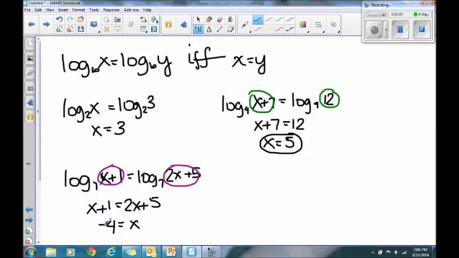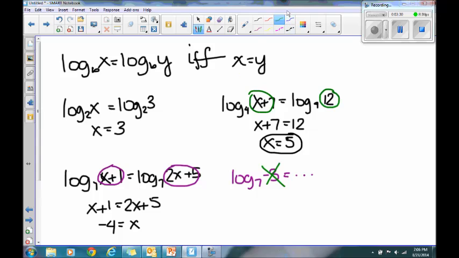So if I plug in negative 4 for x, it says I have log base 7 of negative 3 equals something. And log base 7 of negative 3 can't happen. We cannot take the log of a negative number. We also cannot take the log of 0.